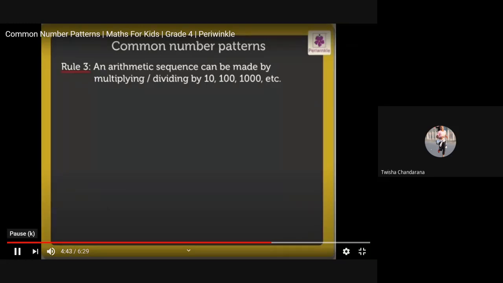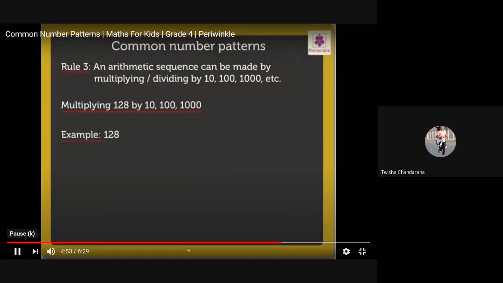An arithmetic sequence can be made by multiplying or dividing by 10, 100, 1000, etc. Let's see an arithmetic sequence on multiplying 128 by 10, 100 and 1000.